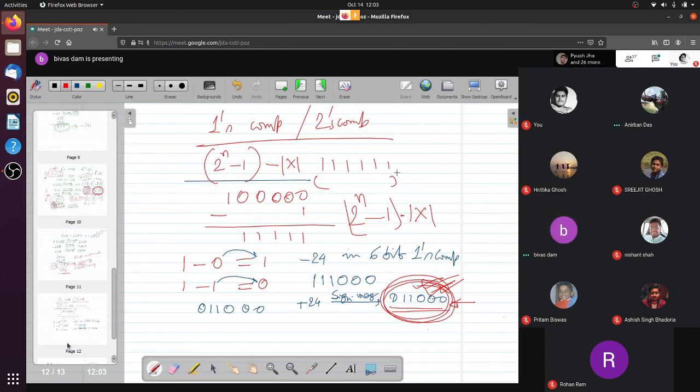Subtracting a bit from 1 is equivalent to complementing the bit itself. So, minus 24 ones complement is the bit by bit complementation of this. It is 1 0 0 1 1 1.